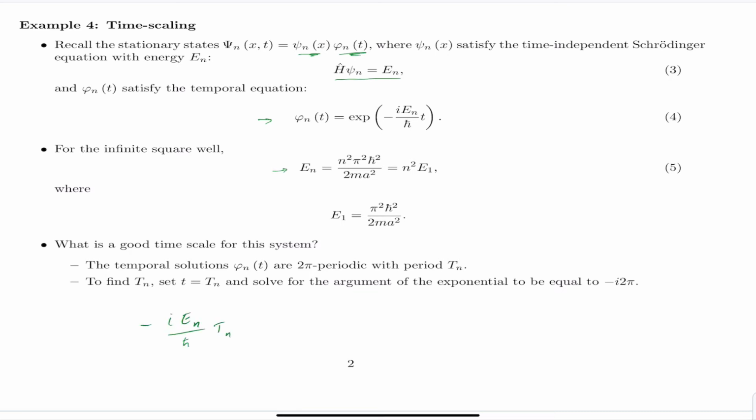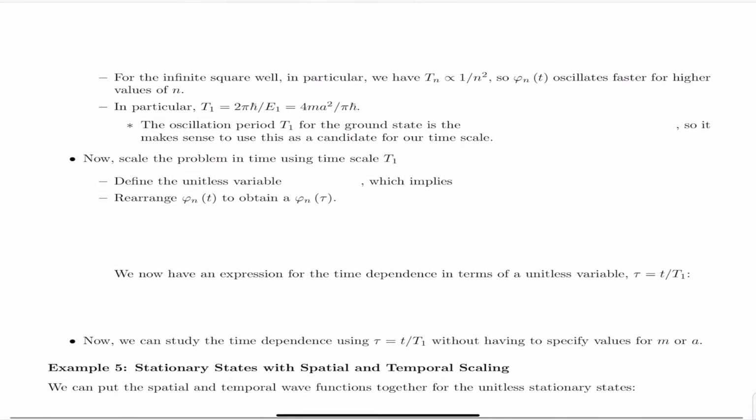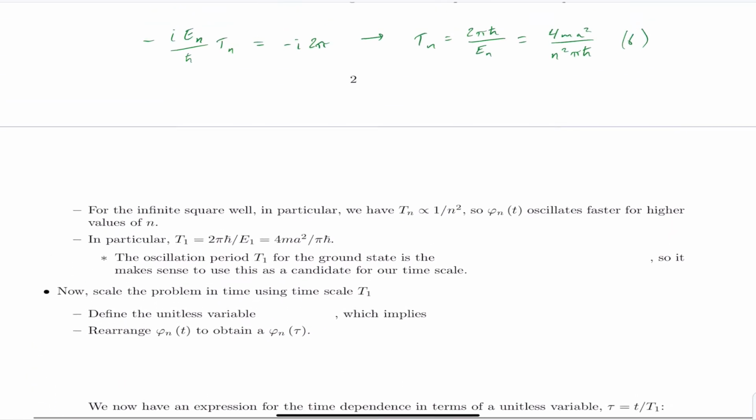There's the argument of the exponential, and then we equate it to negative i 2 pi. Of course, with some manipulation, we get this. And then using equation 5, we could write it like this. I'm going to call that equation 6.